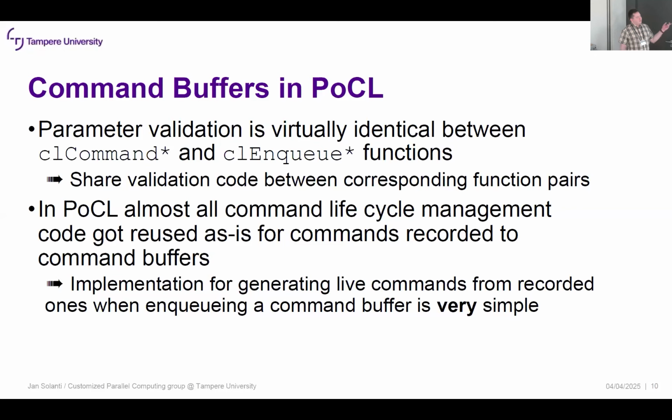And for keeping the event status and signaling to the application and other commands, there's a bunch of lifecycle management, the reference counting and resource allocation and deallocation, which also got reused for the recorded commands, more or less as it was. So even implementing it in the POCL backend was pretty straightforward.